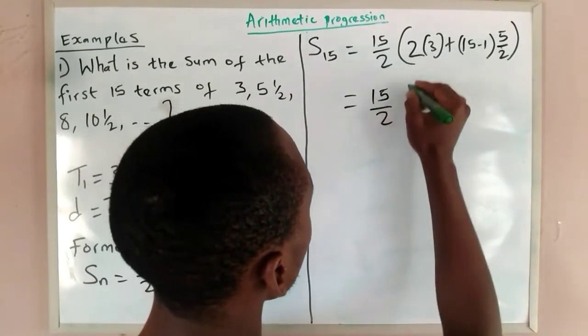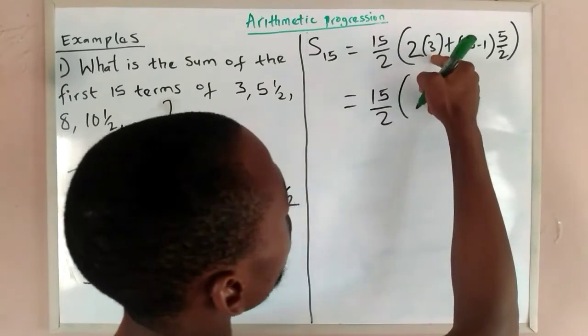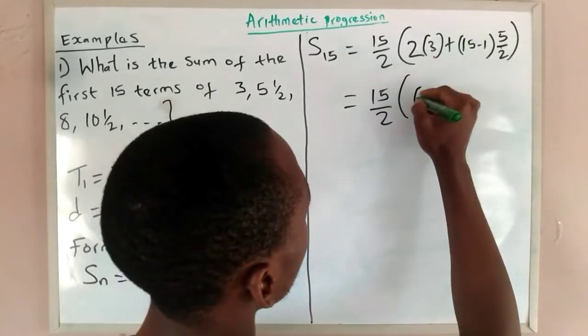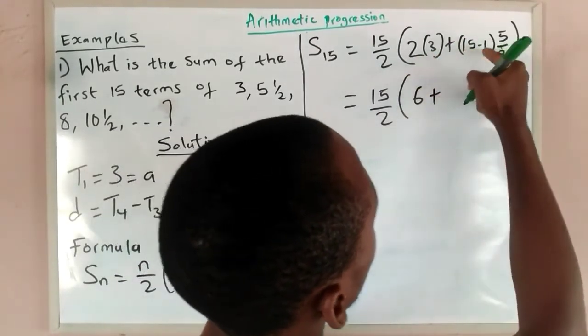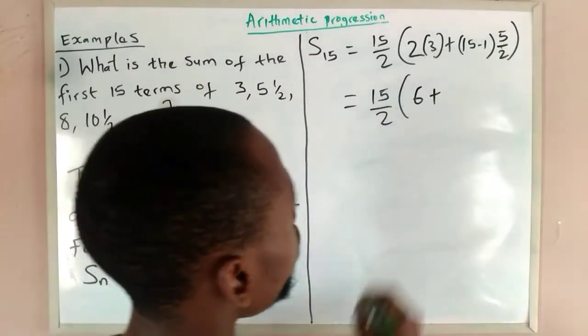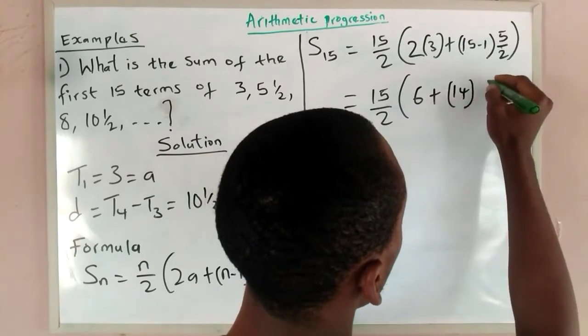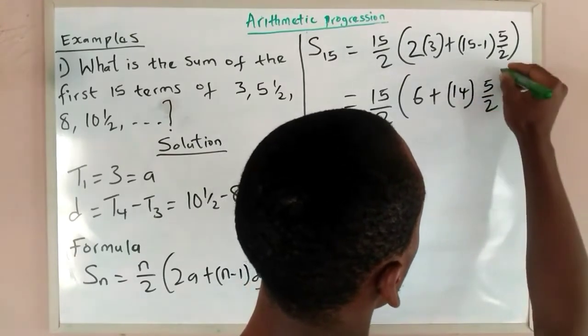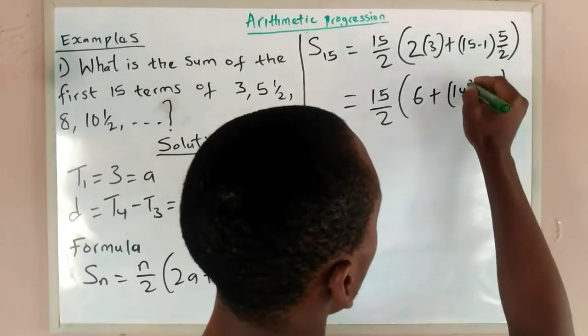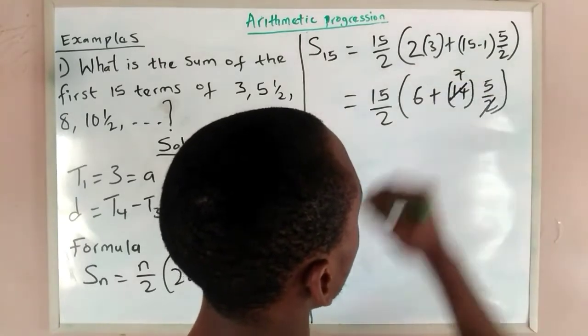So that will be 15 over 2. 2 times 3, that will be 6, plus 15 minus 1, that will be 14, multiplied by 5 over 2. And the 2 here can divide this 14 7 times.